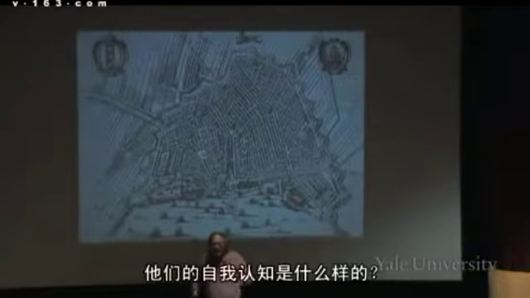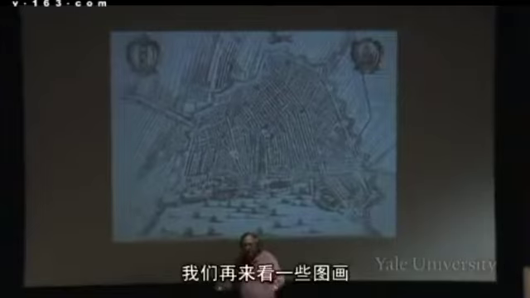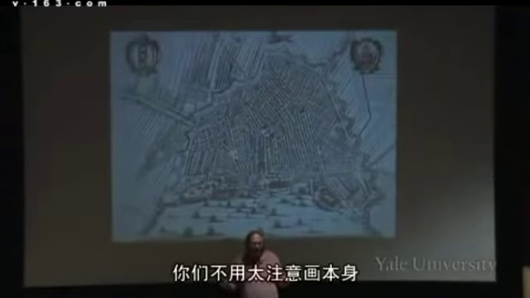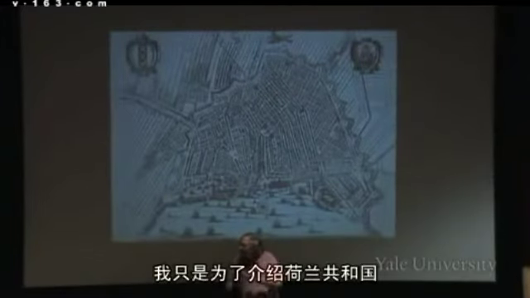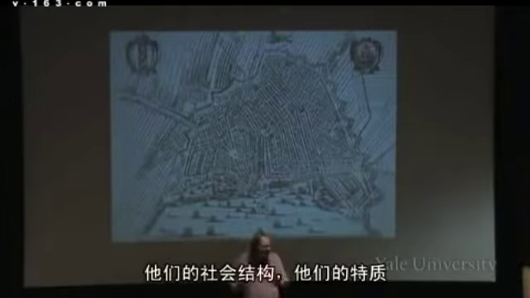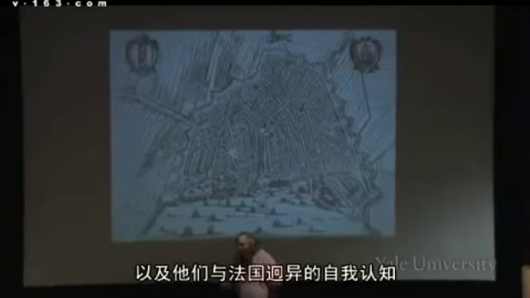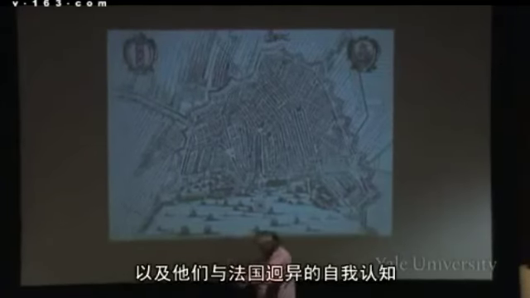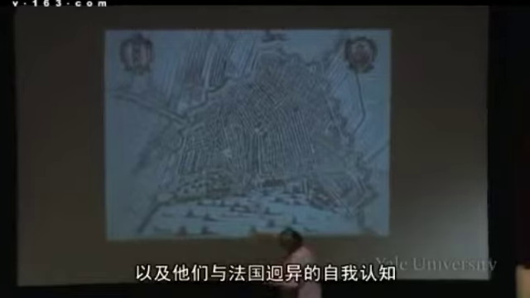What is their identity? And here again, we'll look at some paintings, and you're not responsible for these paintings, but we'll illustrate ways in which the Dutch Republic and their social structure and what they emphasized and who they thought they were was very different than, for example, La Belle France.